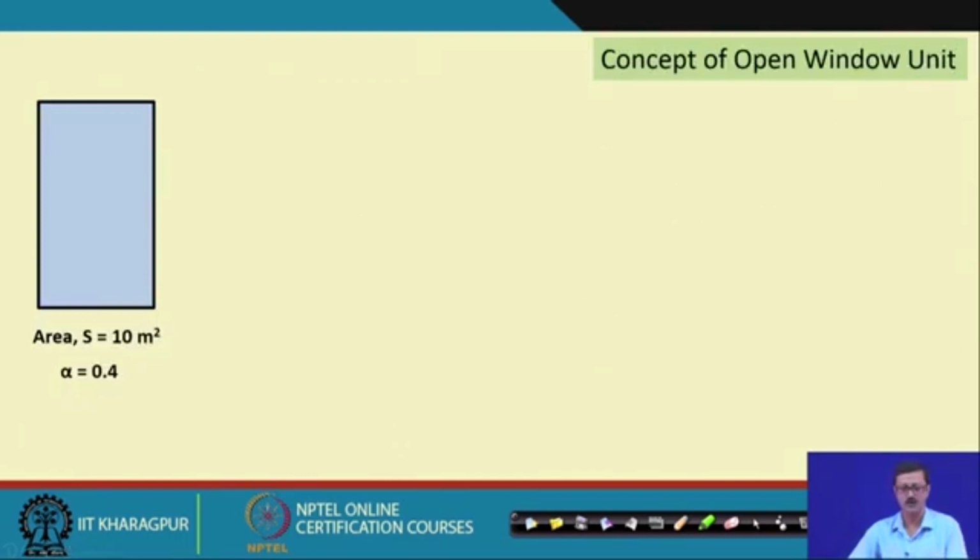Now, the concept of this absorption and how it relates to the unit of absorption. As we have already discussed, the coefficient alpha is unitless. Suppose I have a panel with 10 meter square of area, and this area has an alpha value of 0.4.